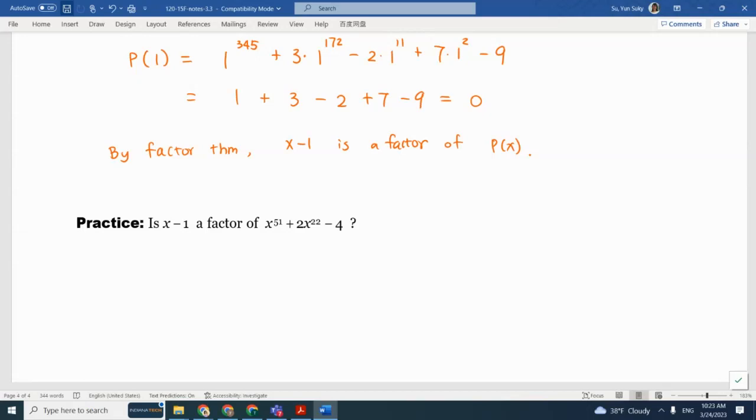You got something like that? So it's not 0. Then you say okay, good.